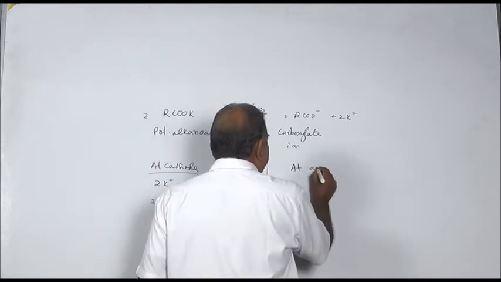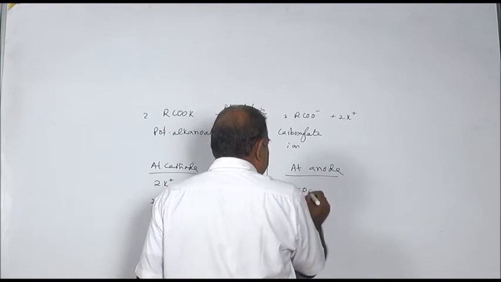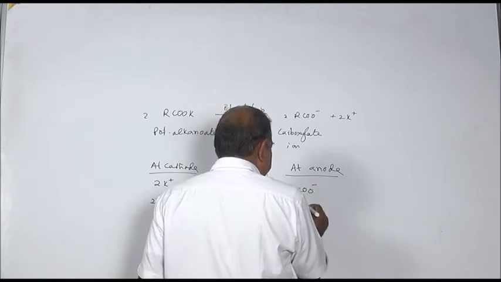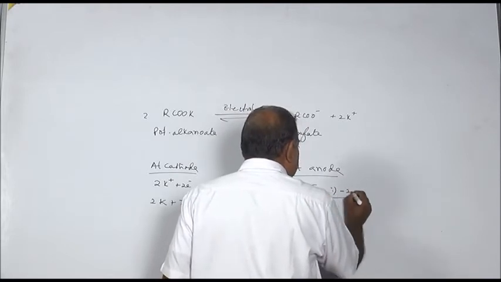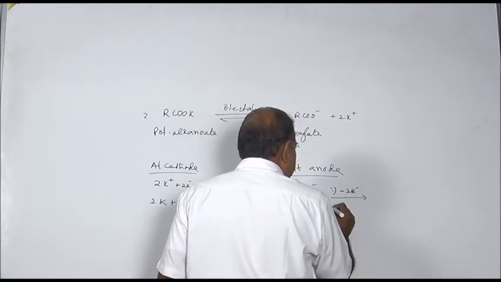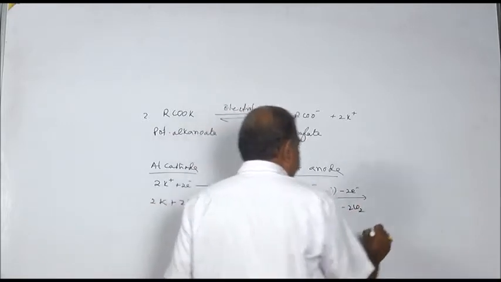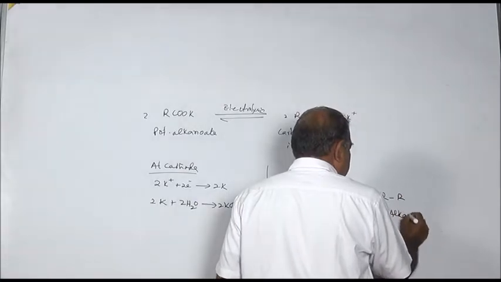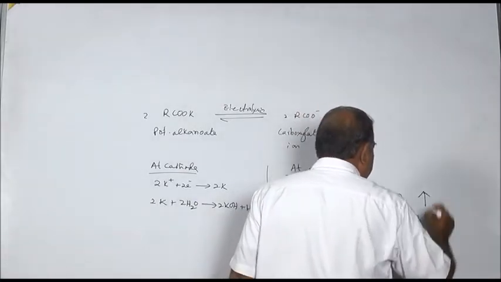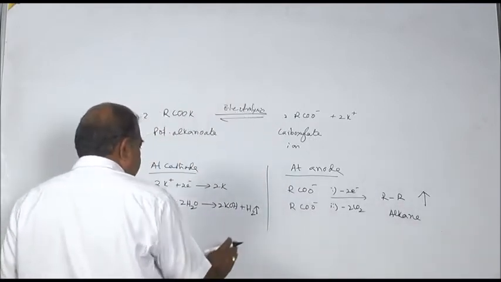At the anode, the reaction is two-step. The carboxylate ion, 2 molecules I have written here. At first it loses 2 electrons, then it loses 2 molecules of carbon dioxide. You will get R–R, that is an alkane.